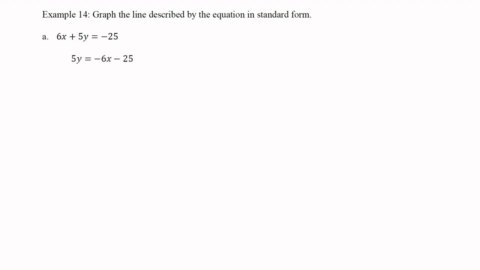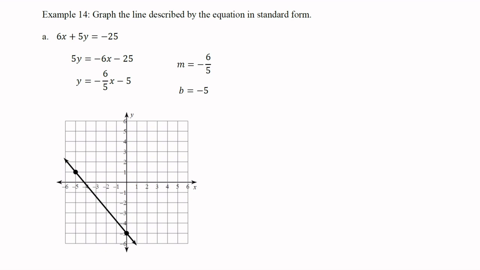First, you're going to subtract 6x from each side, and then you're going to divide by the coefficient of your y term, which gives us -6/5 x minus 5. So we have our slope of -6/5 and our y-intercept of -5. Plot your y-intercept of -5, and then you do your rise over run. Now we can't go down, so we have to go up 6, and then to the left 5, and then you plot your point. And then finally, connect your 2 points with your straight line.